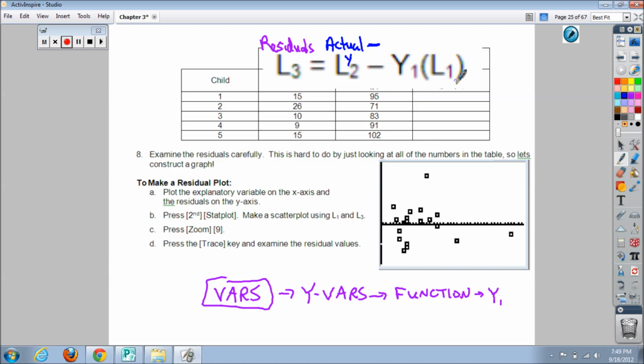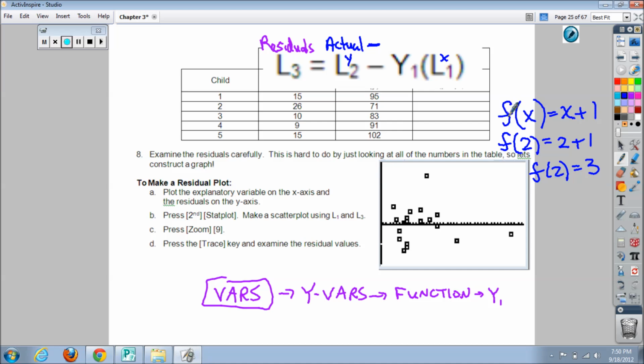We were taking our L1 values, which were our actual X values, and this command is basically saying, it's like if you remember Algebra 2, Algebra 1, when you would have like f of x equals x plus 1, and you would say, what's the value of f when x is 2? And it would look like this, and you'd say, well, f of 2 is equal to 3.